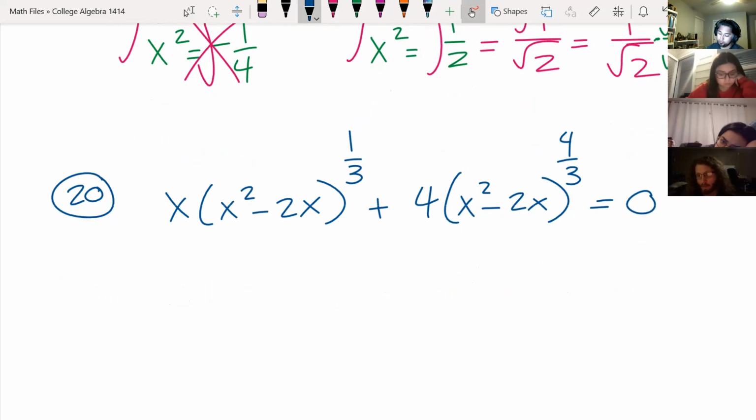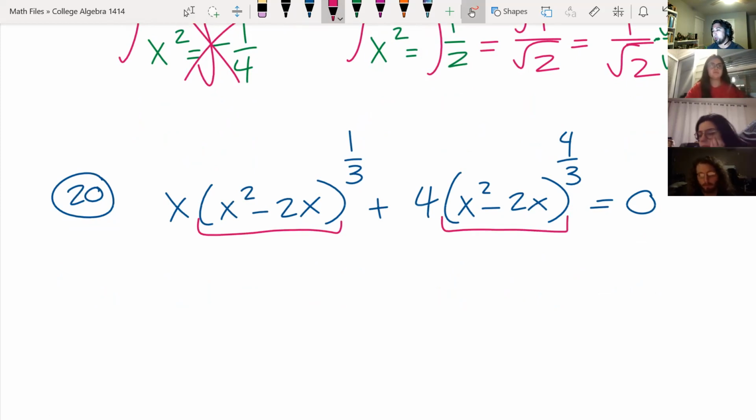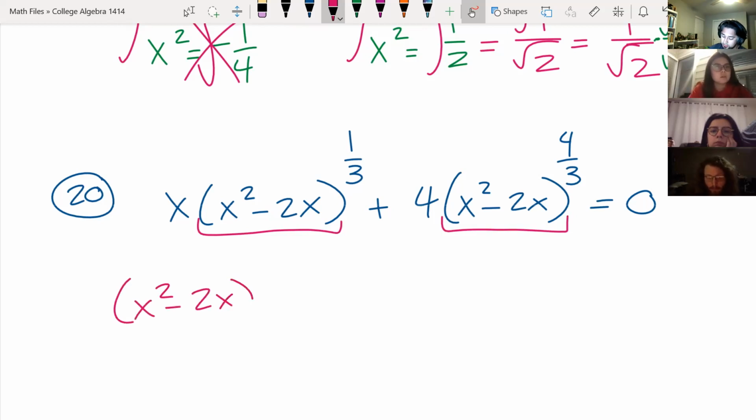Oh man. Okay. So if we're going to factor this by normal means, we look for the common factor, which is going to be x squared minus 2x, right? And which one has the lowest power? It would be the 1/3. So what we're going to do is factor out an x squared minus 2x to the 1/3.